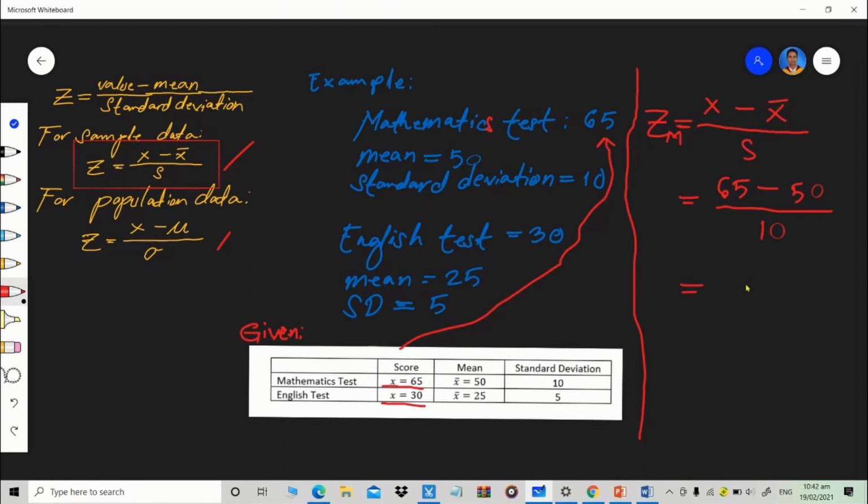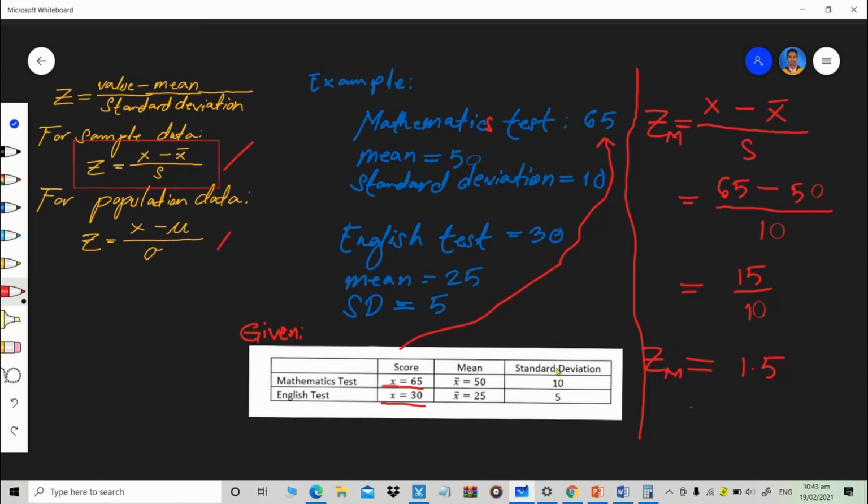So 65 minus 50, so that is 15 over 10. So gamit ang calculator, equal lang sa 1.5. So ibig sabihin, ang z-score natin sa mathematics test is 1.5.